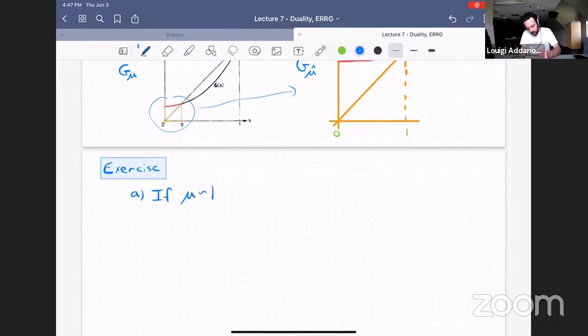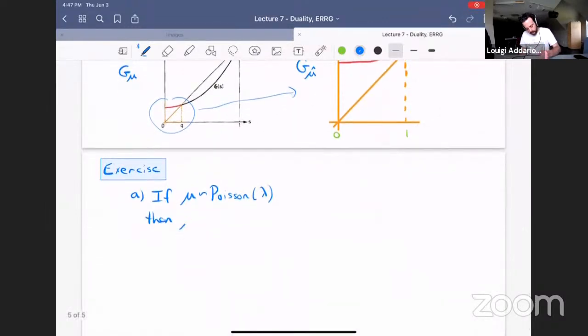So if you start with a Poisson lambda branching offspring distribution, then you can work out what the dual offspring distribution is, and it's again a Poisson distribution, but now its parameter is changed as follows. If you start with lambda, then you end up with 1 minus theta of lambda.